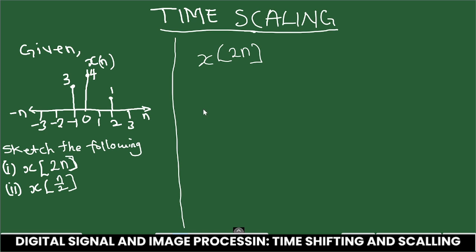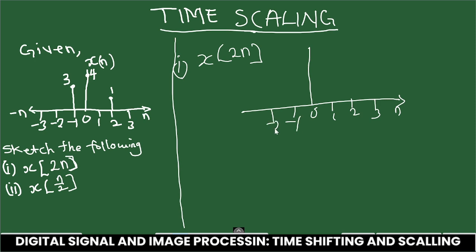So let's sketch this. 0, 1, 2, 3, -1, -2, -3. When the scaling factor is greater than 1, you simply take the samples. If I take the sample at -1, I do -1 divided by the scaling factor 2, and this gives me a decimal.